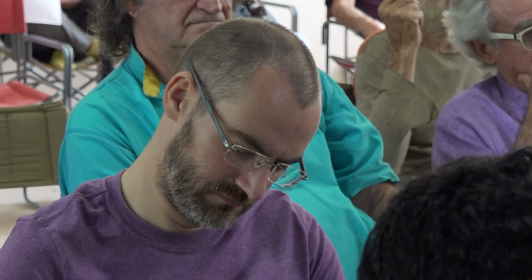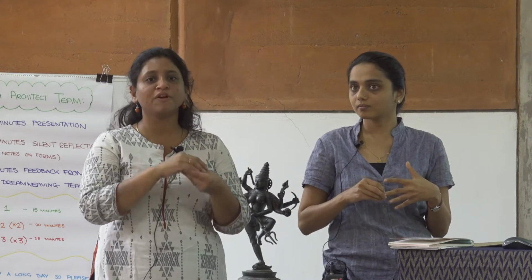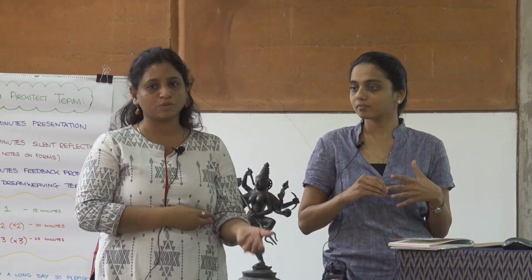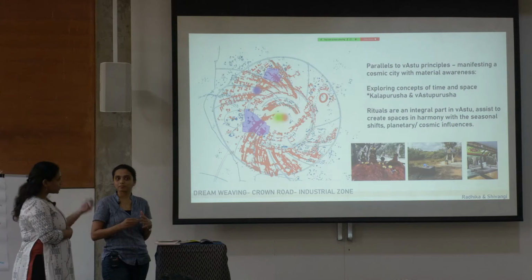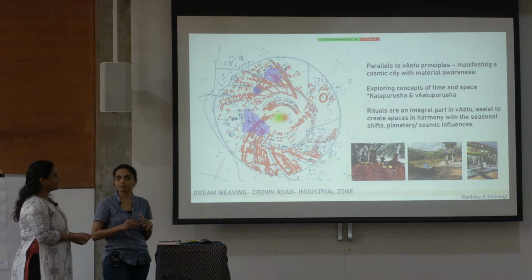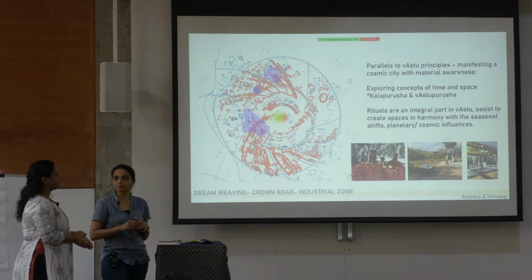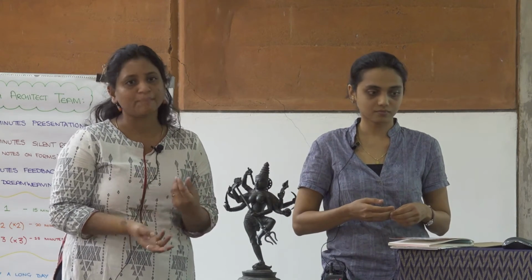Like Radhika mentioned, the idea is to look into the physical space, and at the same time what we call the Kala Purusha, the space which comes through us through time. So we are exploring that, and we thought that another important aspect to look at is the rituals, because the rituals are an integral part of the Vastu, and they also create spaces which are adaptive eventually.